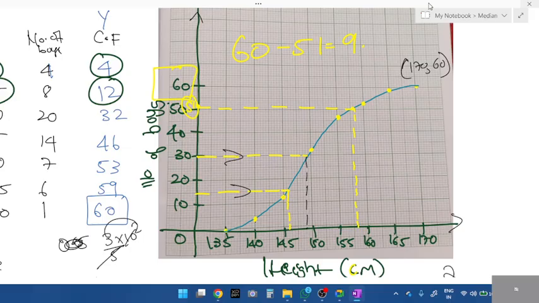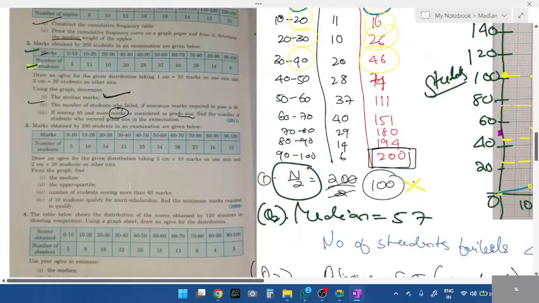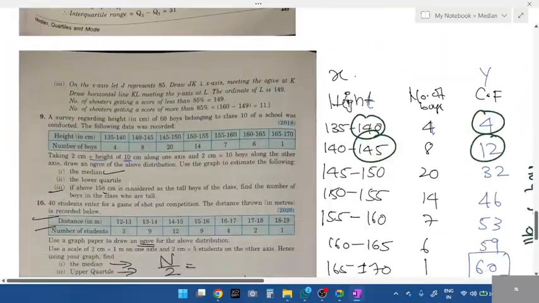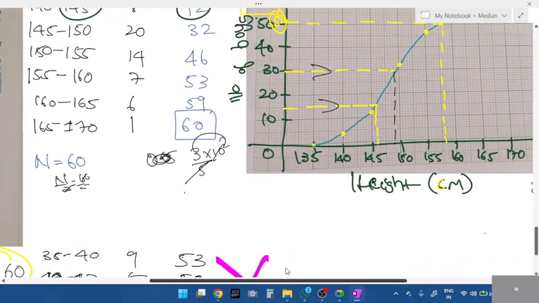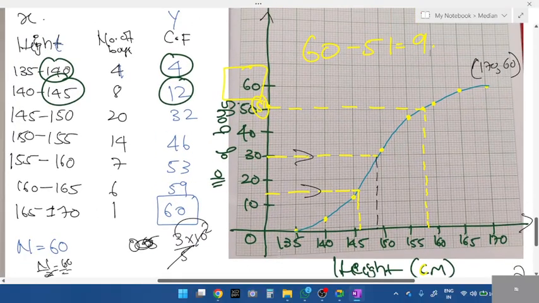So 9 boys height is above 158. Answer is 9. Even in the textbook, it is 9, students.